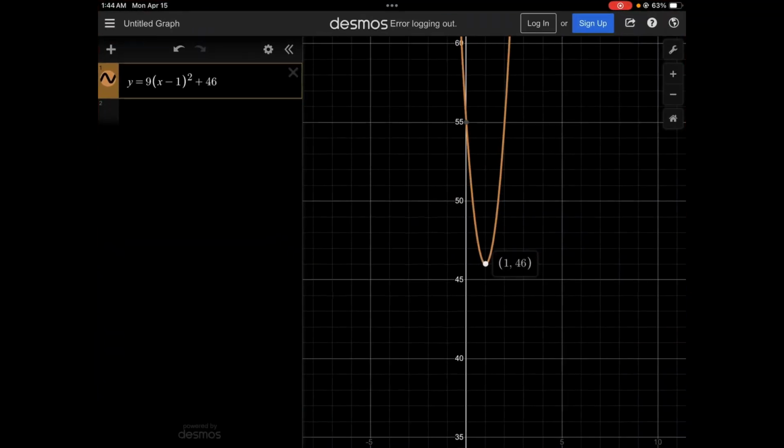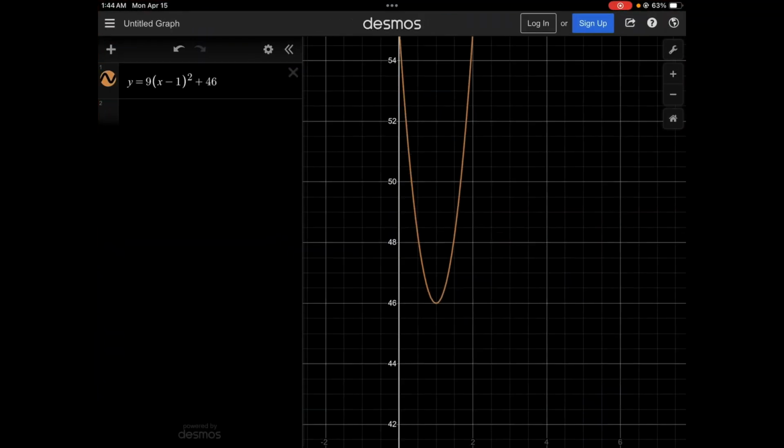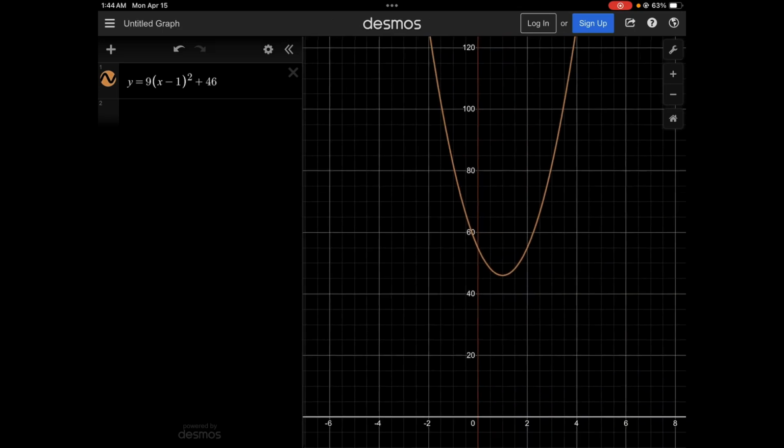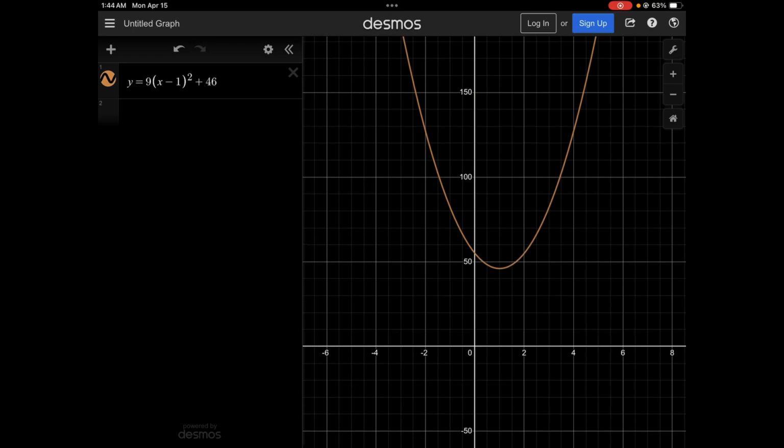Where is that point now? 3,10 looks like it's kind of hard to see, but I can tap my finger and see where the 3 is, and I see that the 3 is somewhere here, but it's at 82.